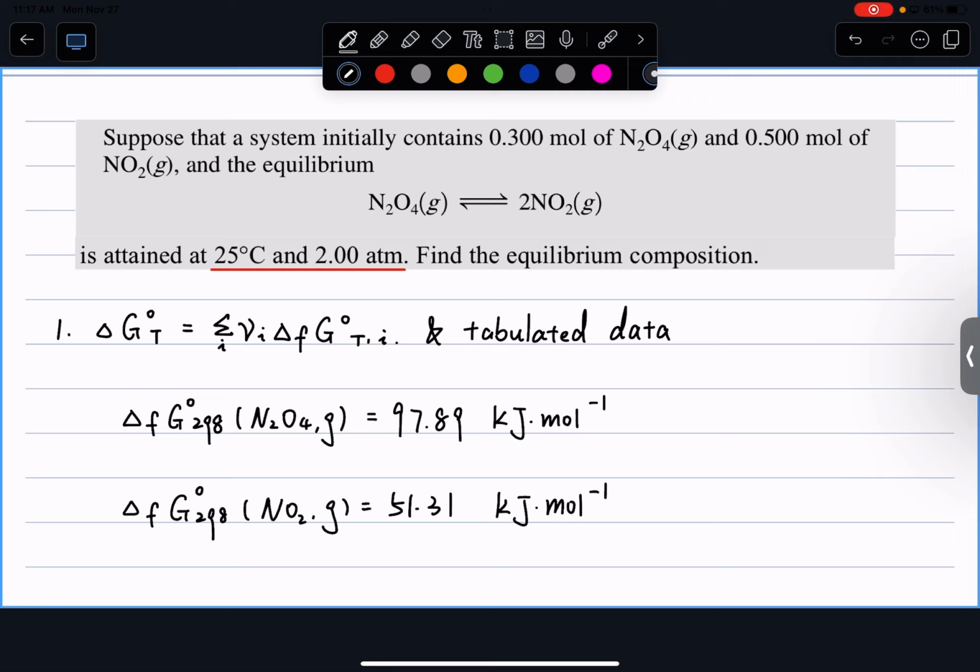We're just solving for the equilibrium constant. So we set up this calculation: 4.73 kilojoules per mole equals negative 8.314 times 10 to the negative 3 kilojoules per mole per Kelvin, times 298 Kelvin, times ln K naught.